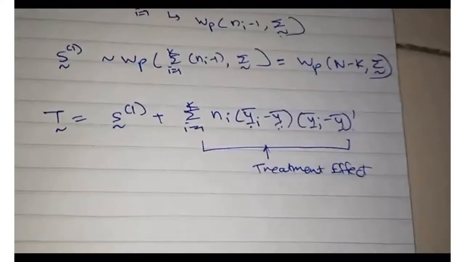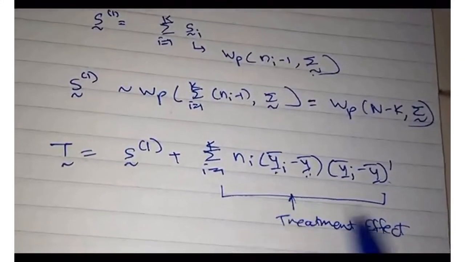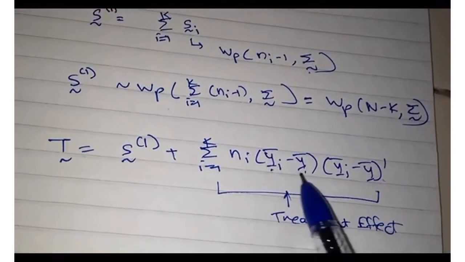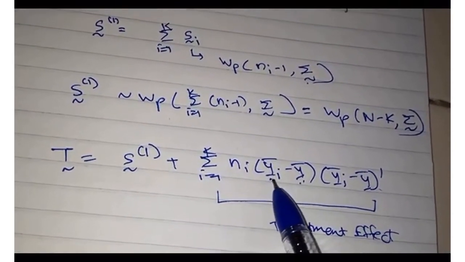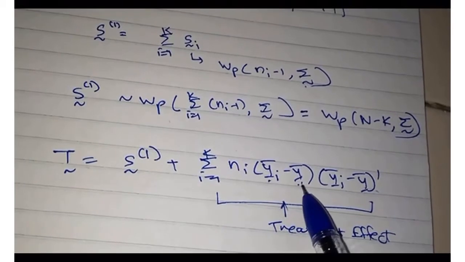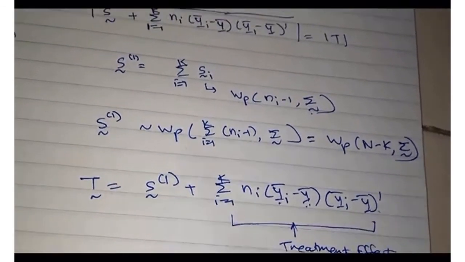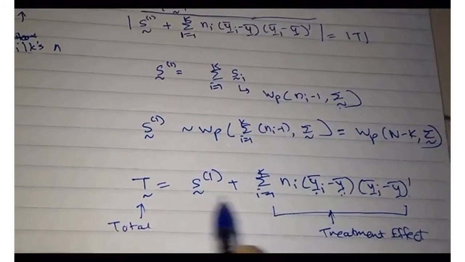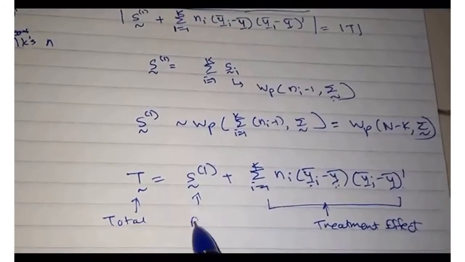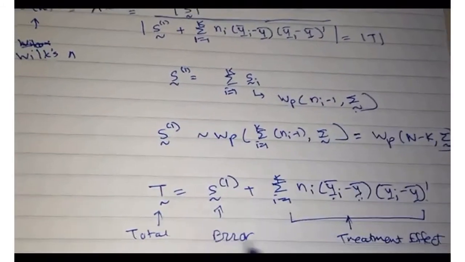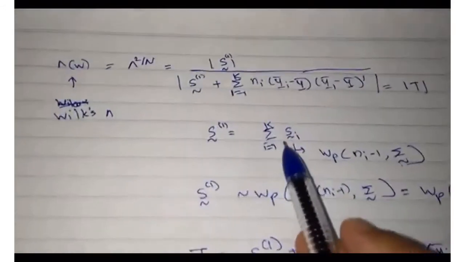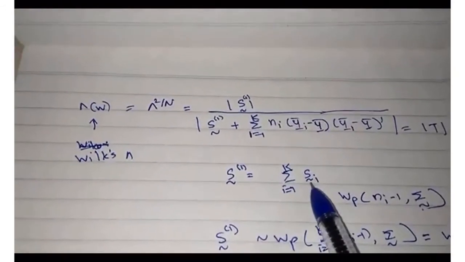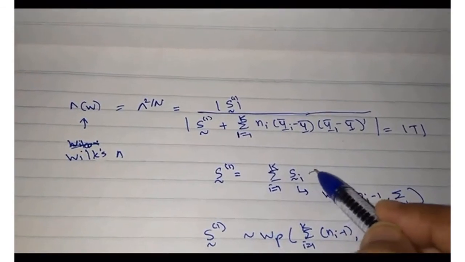You can go back to your BSc notes and check. Your treatment sum of squares is defined in such a manner: ith group mean minus overall mean, whole square. So this is your treatment effect. This is your total sum of squares because you have the addition of two sums of squares. So this is like the error effect. And you can understand why it is the error effect, because each S1 comes from the summation of Si.